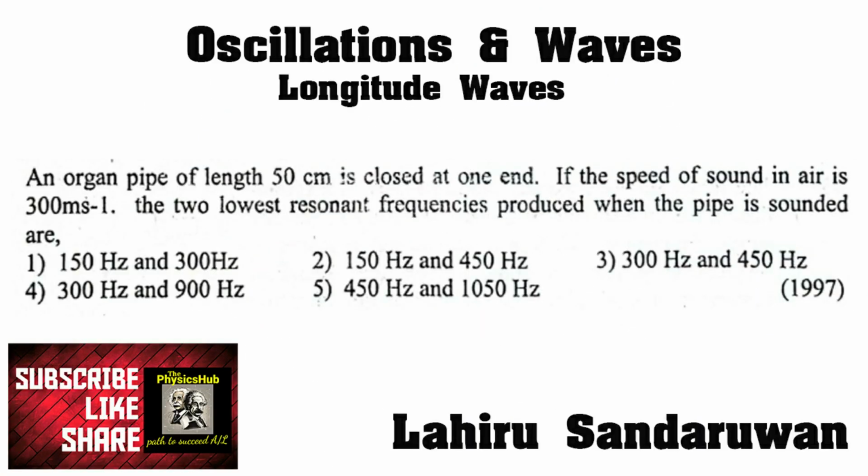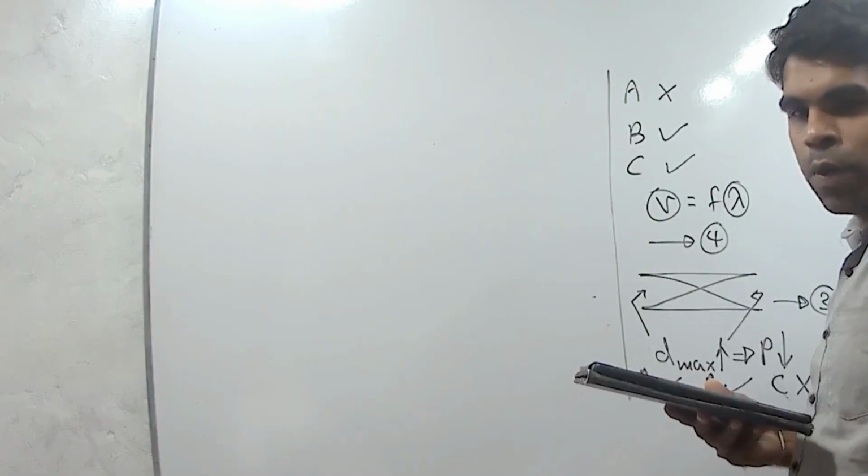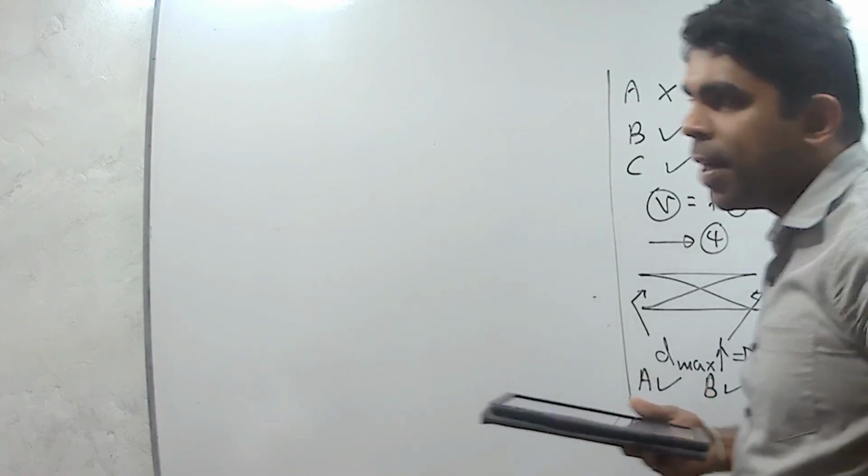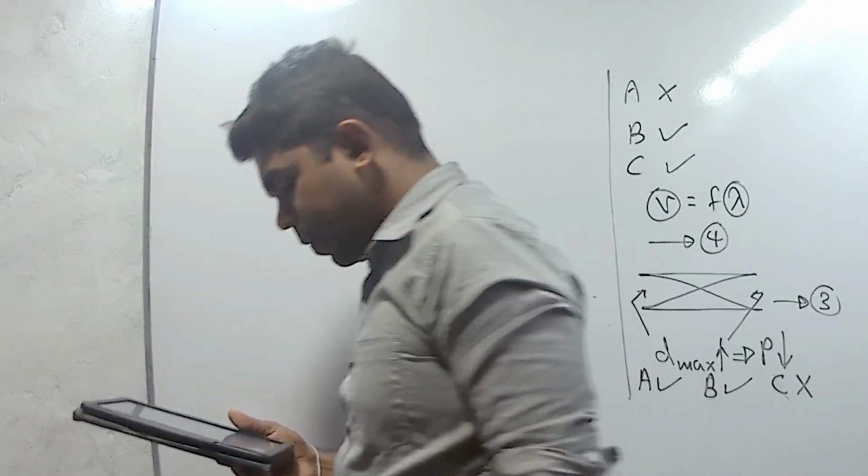An organ pipe of length 50 centimeters is closed at one end. If the speed of sound in air is 300 meters per second, find the two lowest resonance frequencies produced when the pipe is sounded. We can observe the lowest frequency for the fundamental note.